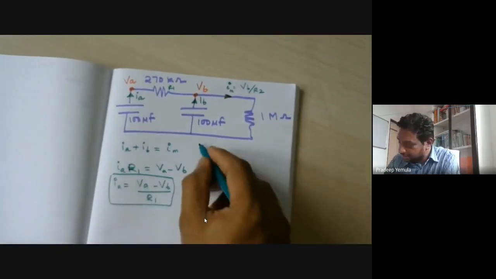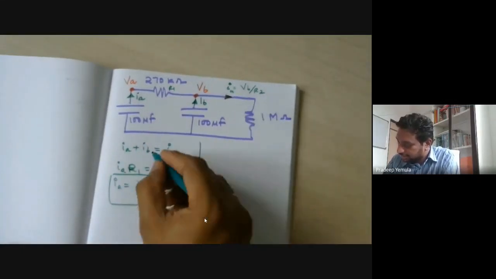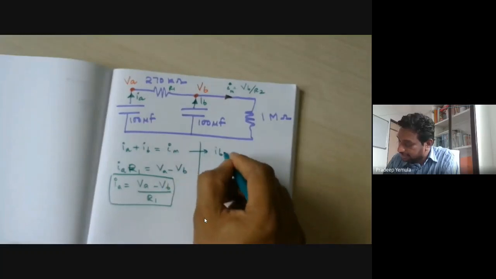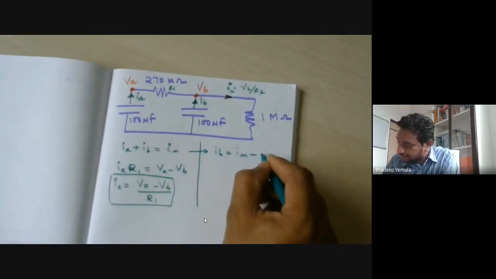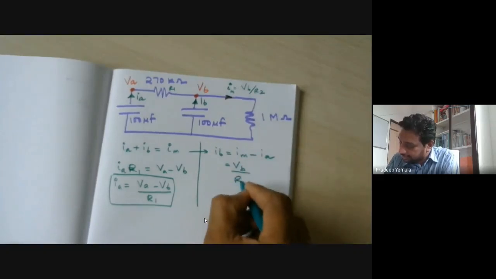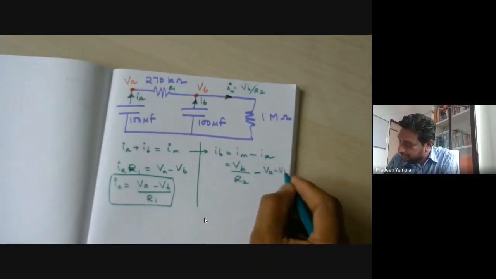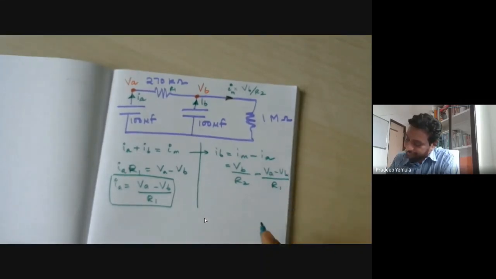Similarly, how can I express IB in terms of these? From this I can write IB equal to IM minus IA. IM is VB by R2, minus IA, which is (VA minus VB) divided by R1.